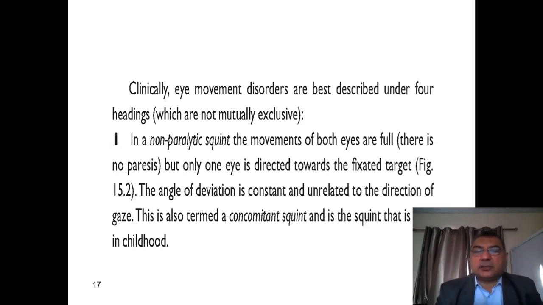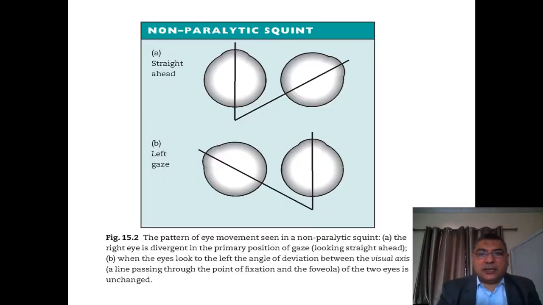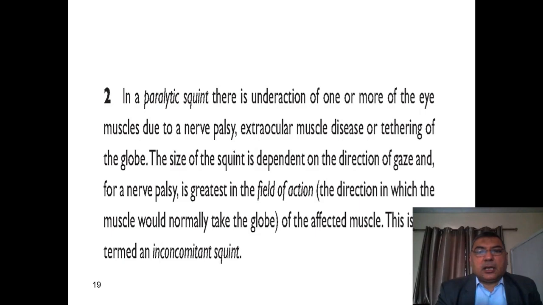So this type of strabismus is called concomitant squint. Concomitant means that the angle of deviation is equal in all directions of gaze, and this type is a non-paralytic strabismus. This figure represents the non-paralytic strabismus, where the angle is equal in all directions of gaze.